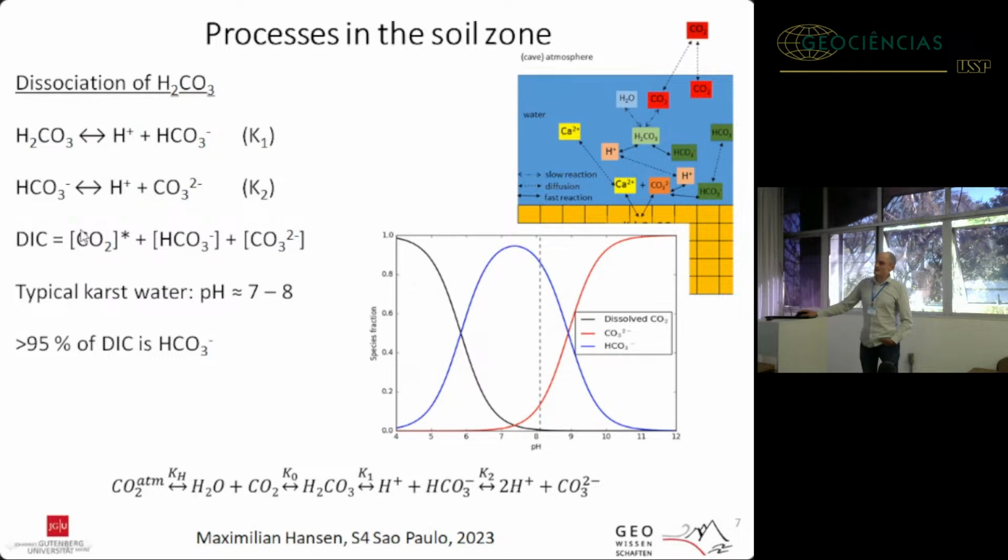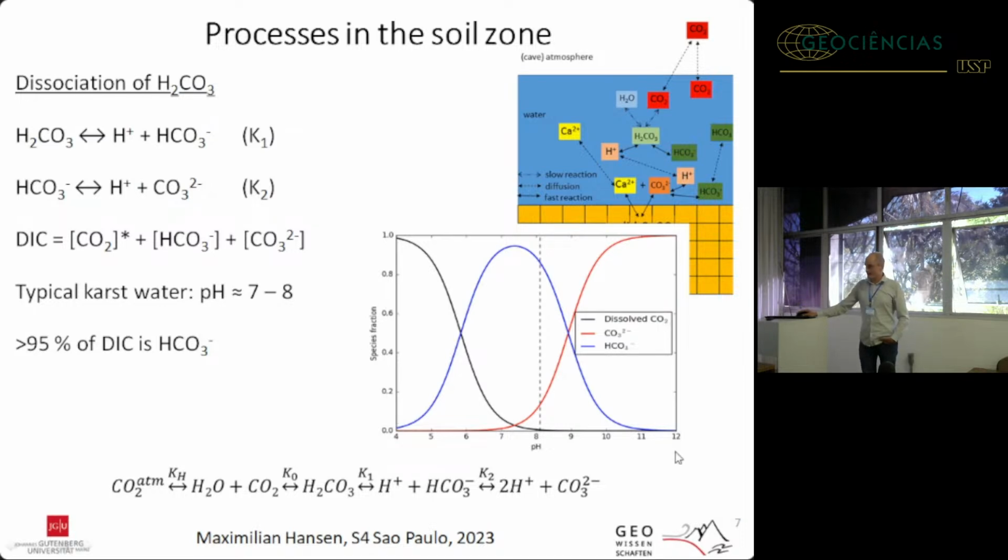Which species is dominant in the solution is strongly dependent on the surrounding pH values. For very low pH values, like acidic water, the dissolved CO2 would be the dominant species, and as soon as the pH value rises, the bicarbonate ions will be the dominant species. So for typical karst waters, the solution will be dominated by bicarbonate, as we have pH values between 7 and 8.